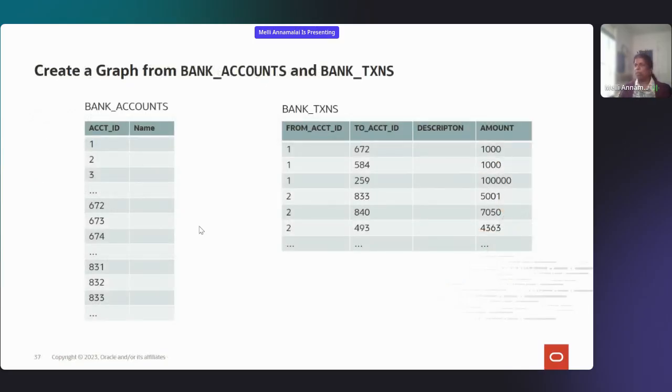So I have here two tables, bank accounts and bank transactions. And as I said, every row in the bank accounts table could be modeled as a vertex. And every time there is a cash transfer between them, which is represented in the bank transactions table, like there's an account transfer from 1 to 672, I can go from vertex 1 to vertex 672, and I can model that as an edge.